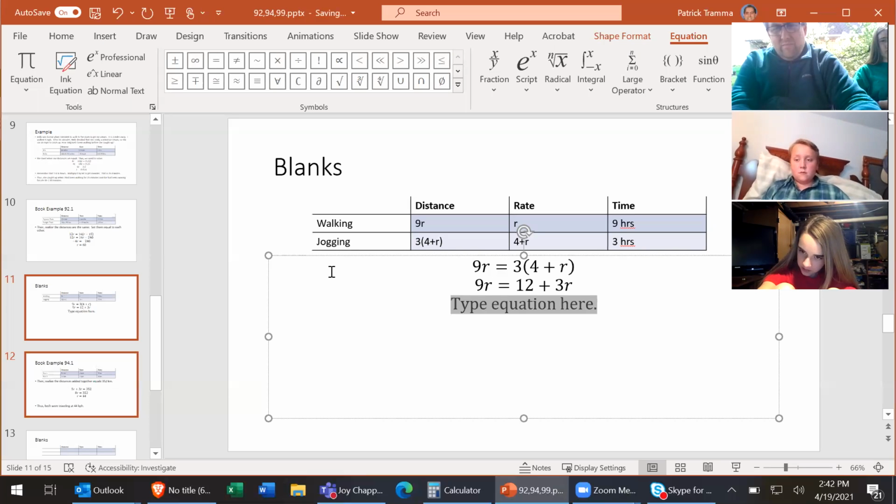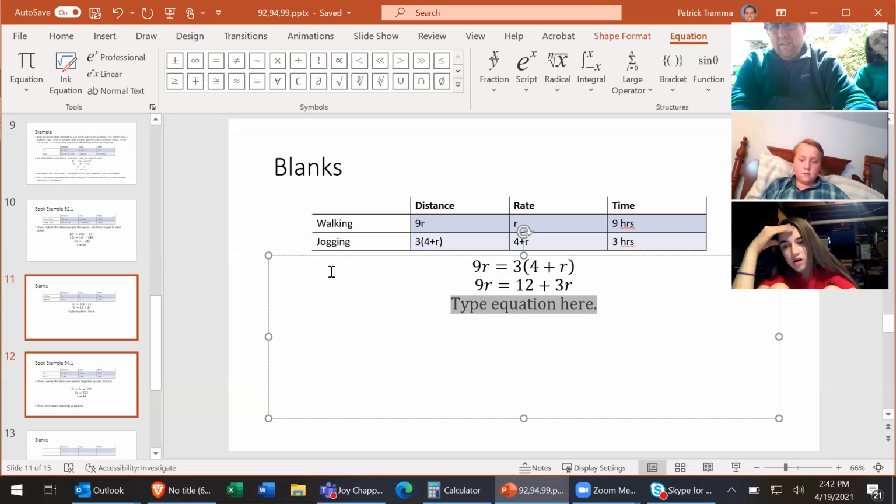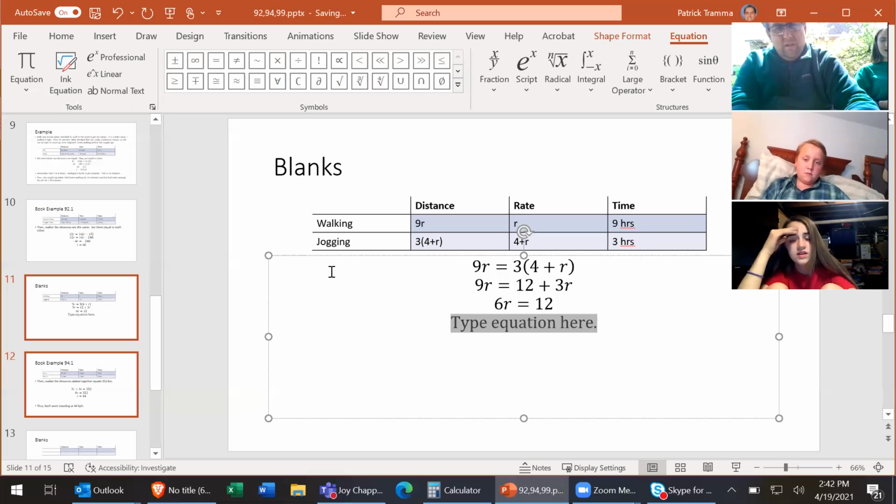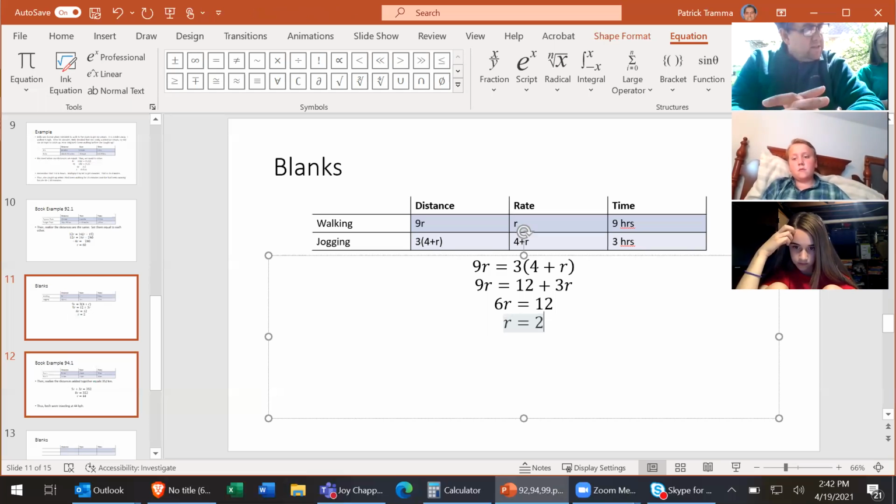Oh, okay. So then you subtract 3R from both sides. So then you have 12R? No, 9R minus 3R. You're subtracting it. Oh, yeah. So then you have 6R equals 12. And then what? Divide by 6 on both sides. And so that is R equals 2. Very good.